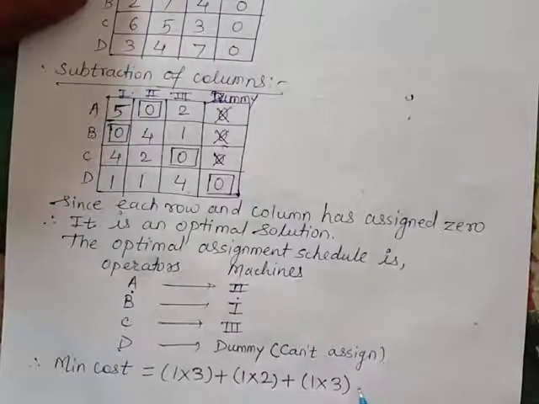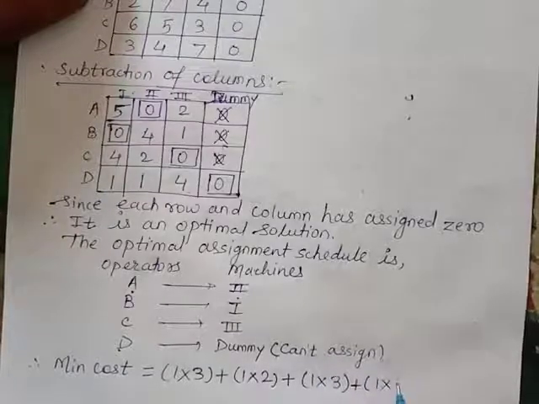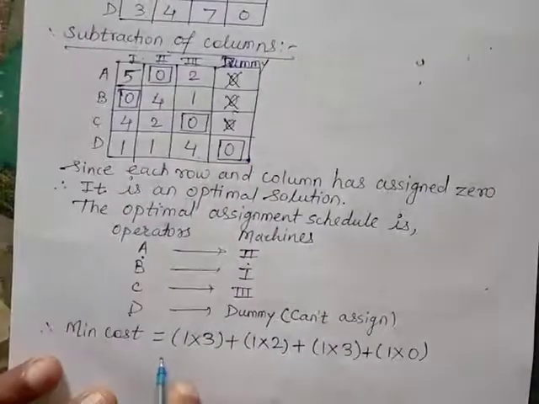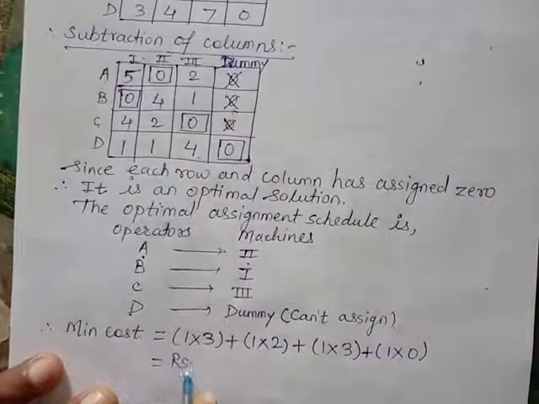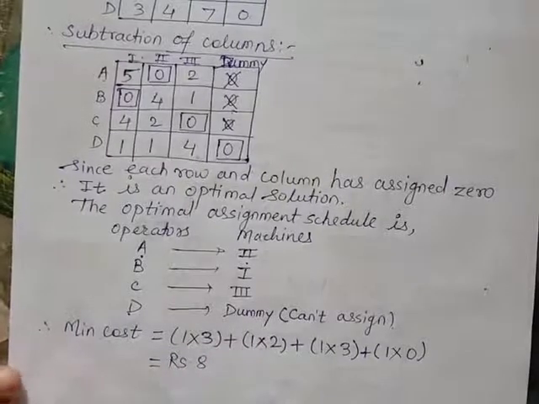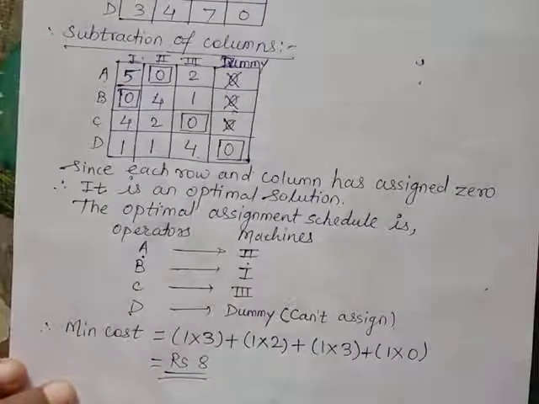And for the last one we can't assign, it's assigned to dummy and that has a cost 0. So what is this cost? This is rupees 8. 3 plus 2 plus 3 plus 0, so that will be rupees 8. This is our final answer here.